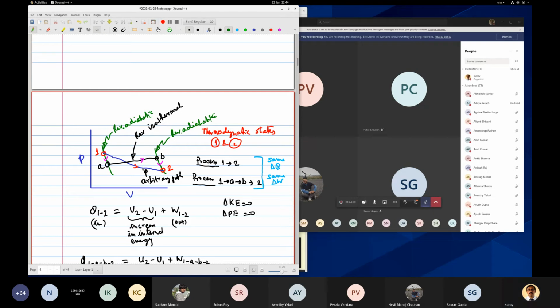However, this arbitrary path that you have chosen is such that we will have the same delta Q and same delta W. These are reversible. We will have same delta Q, heat transfer, same work transfer. So let us do it. So we have the process Q12.